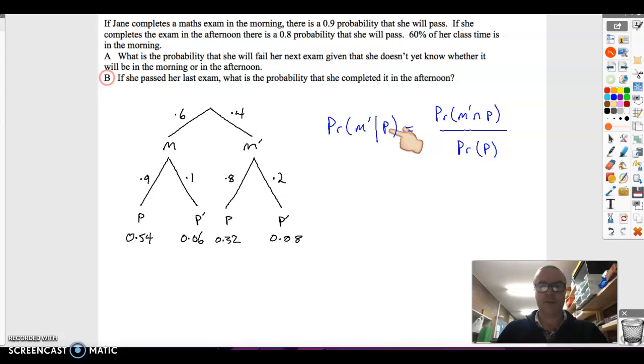And using the formula that we covered in the first part of this lesson, or the last video, it will be the probability of the intersection of those two events, that it was the afternoon and she passed, divided by the probability that she passed, not knowing whether it was the afternoon or the morning.